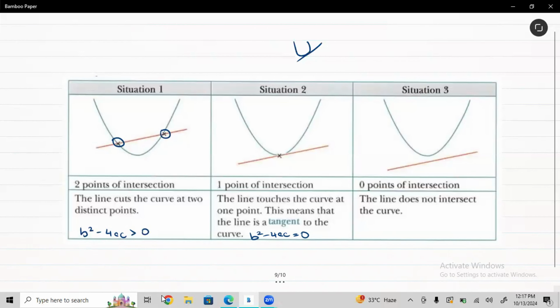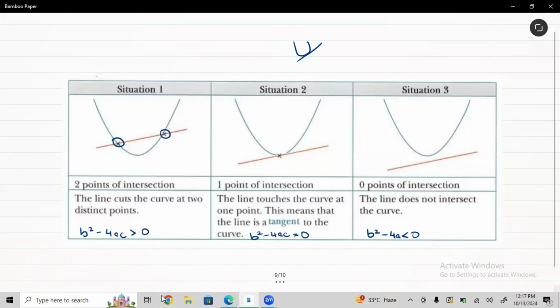Then there's another situation, where the curve is not at all intersecting with our given line. And when that situation comes, we say that our discriminant b squared minus 4ac is going to be less than 0. So that's a basic revision. And another learning fact: when a line is touching only 1 point of a curve, it's going to be a tangent.